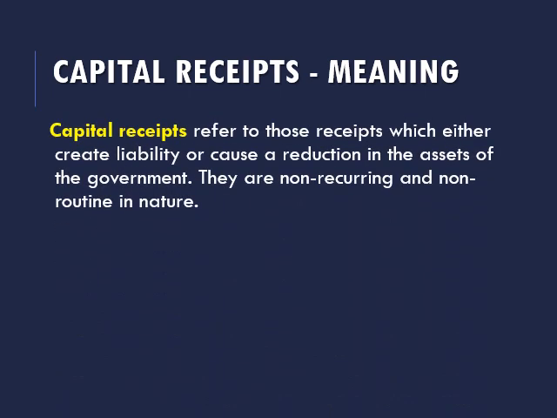Capital receipts. Capital receipts refers to those receipts which either create liabilities or cause a reduction in the assets of the government. They are non-recurring and non-routine in nature. It's called capital receipts.